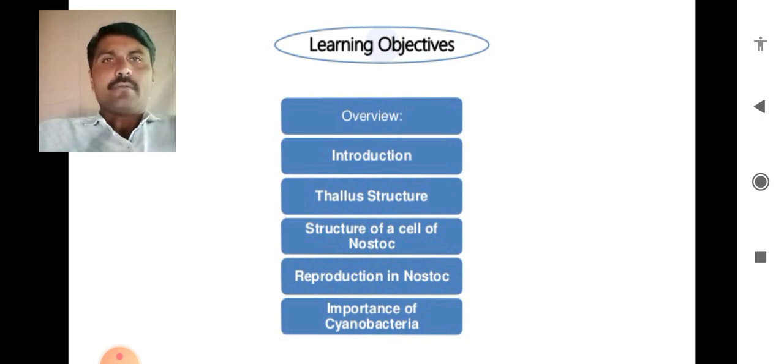We have also seen that it is unicellular, with a heterocyst, pigments, and the cell wall. Due to the pigments, it has the capability of photosynthesizing, producing its own food material.